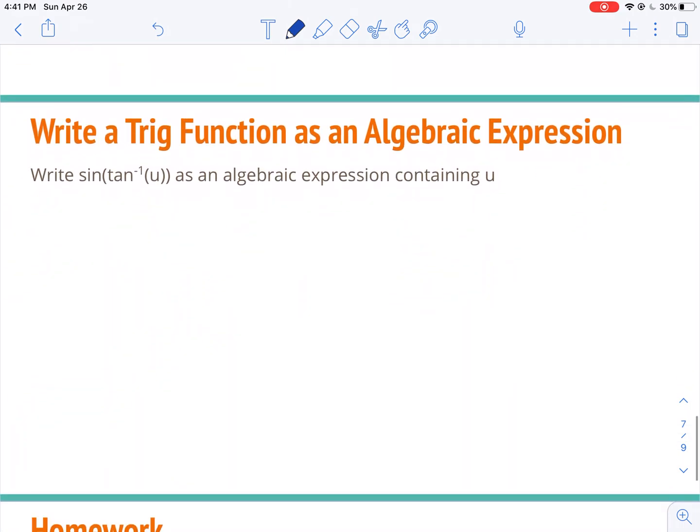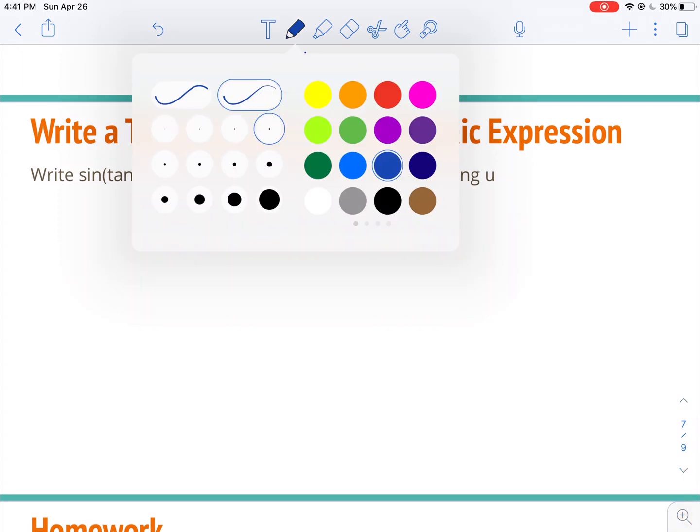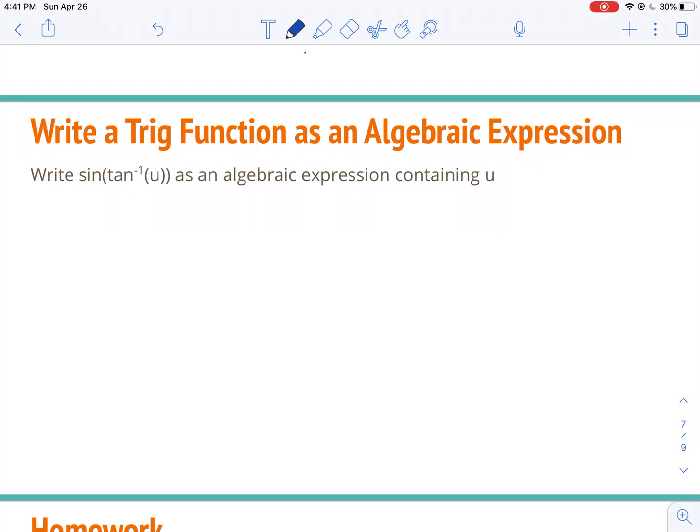The final thing here, this is a little bit more complicated and something that you would really start approaching a little bit more at a calculus level. It says find the sine of the tangent inverse of u as an algebraic expression containing u.